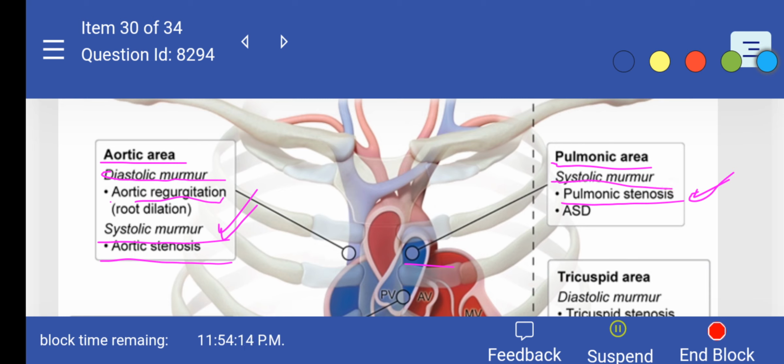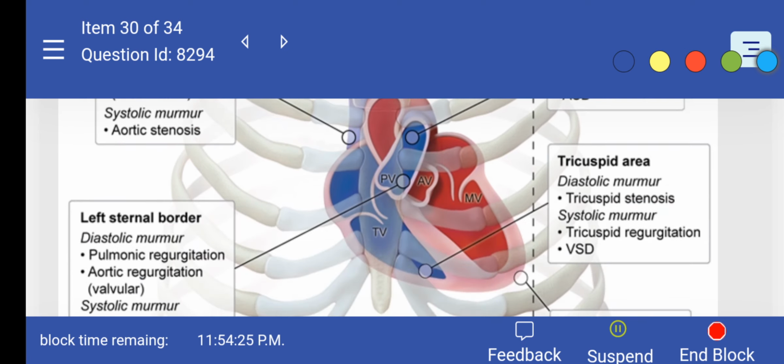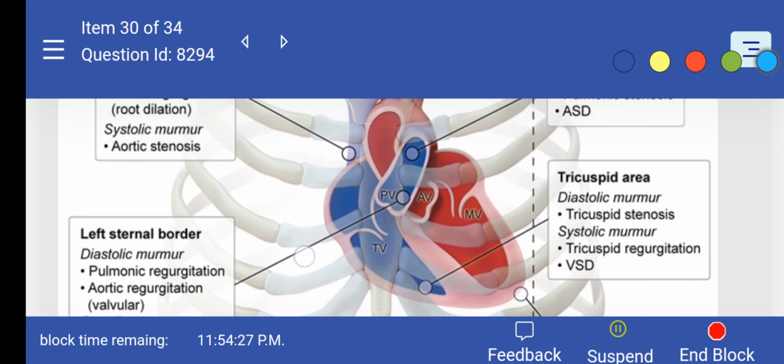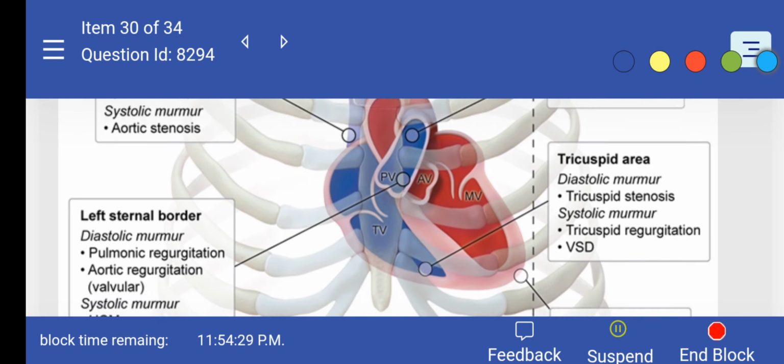Systolic murmur. Also, over here we can hear the sound of ASD, atrial septal defect. Point to be noted. Then on the same location, if we have pulmonic regurgitation, that would produce a diastolic type of murmur, just like that, because it is a similar one.